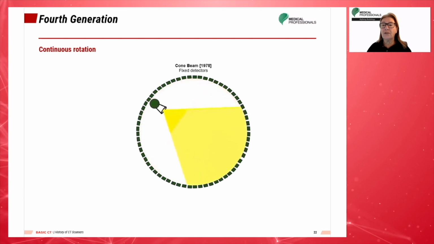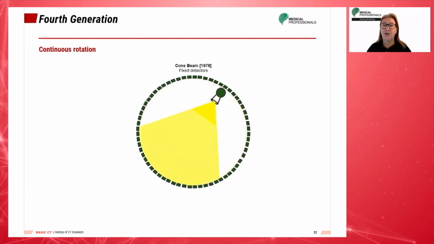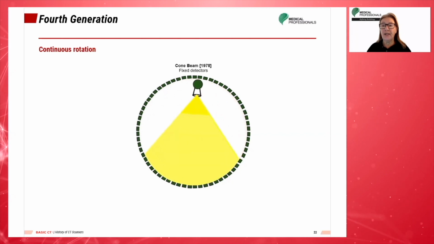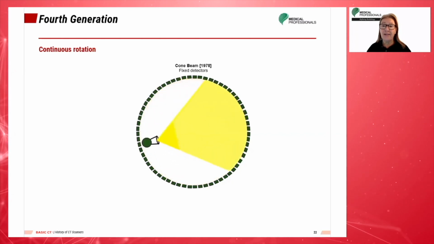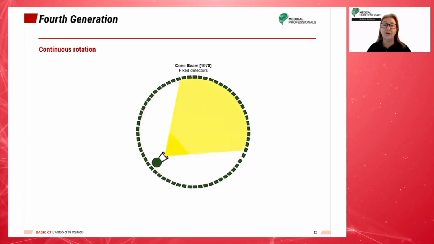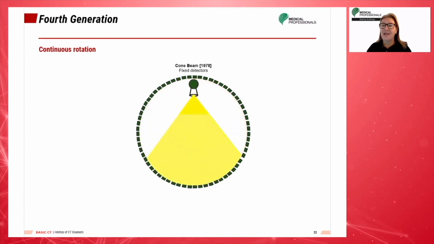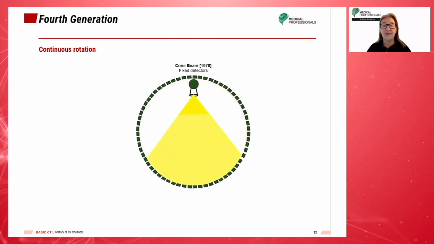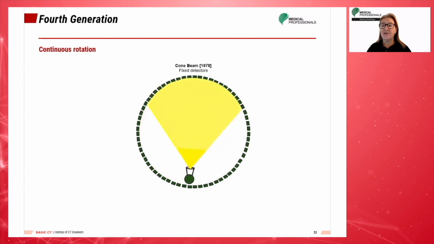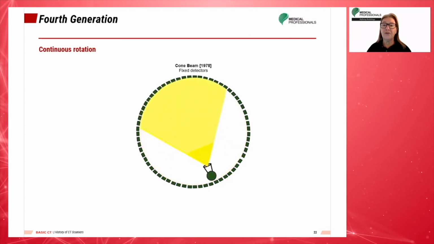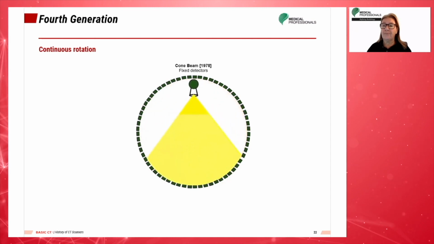As a result of a competitive contract which was awarded to the American Science and Engineering Company, AS&E, the fourth generation of CT scanners was developed. It used a wide fan beam and 600 to 2,000 stationary detectors arrayed in a 360-degree ring.